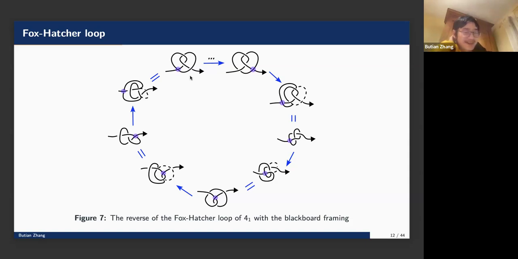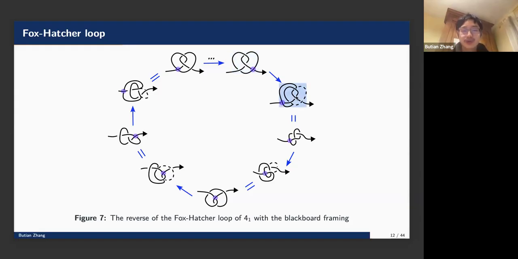Okay. So first, I should say that this Fox-Hatcher move was first introduced by Fox in 1966 in his article about what he called rolling. And rolling is exactly this move from here to here.